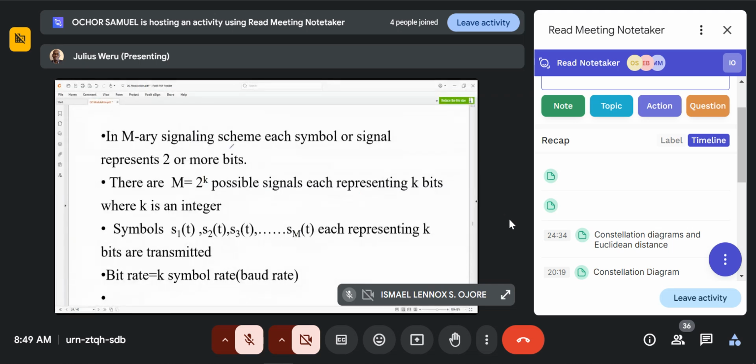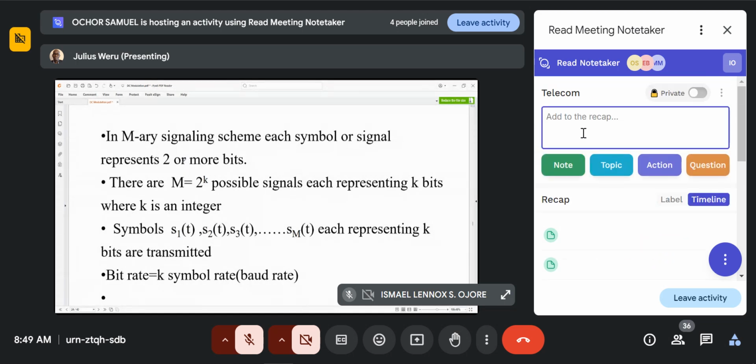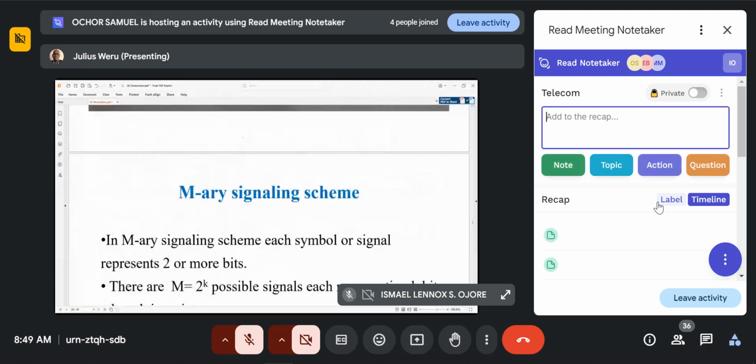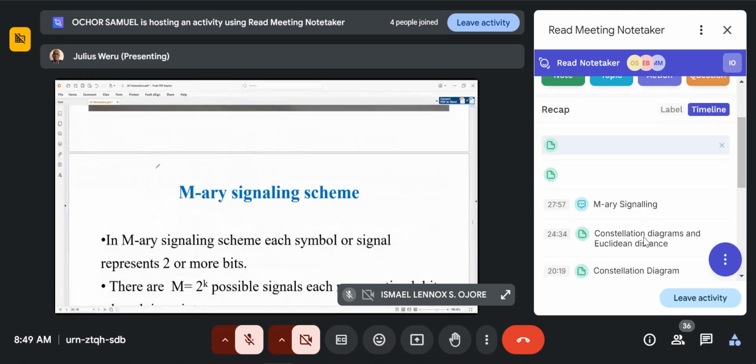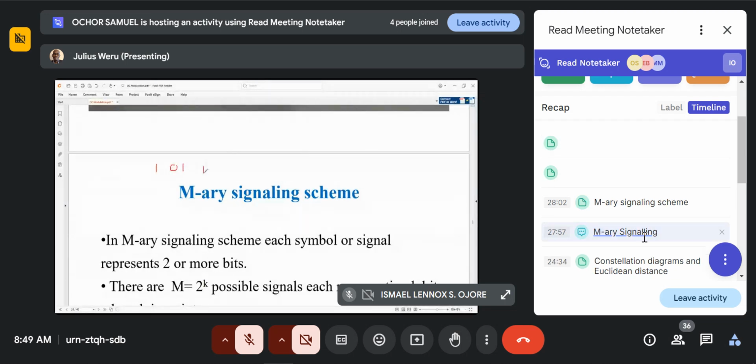So in the MRE signaling case, of course, in the binary case we have been having two symbols. Now we are going to have more symbols, because each symbol will be carrying more than one bit.